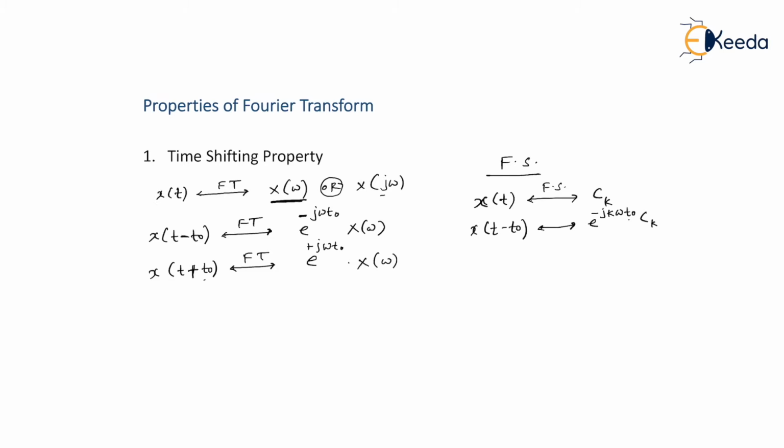So in this case, this k omega is replaced with omega when we go from Fourier series to Fourier transform. This kind of derivation we have already seen. So that's the only difference you will see over here. Here we have e to the power minus j omega t naught, and here in place of k omega we have replaced it with omega.